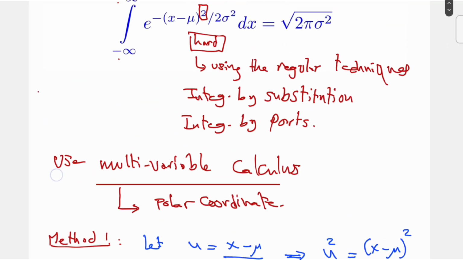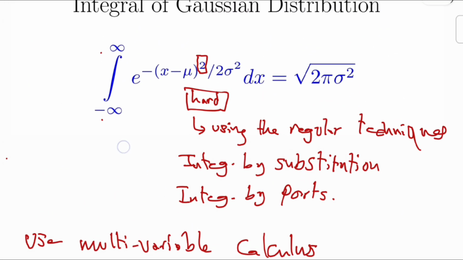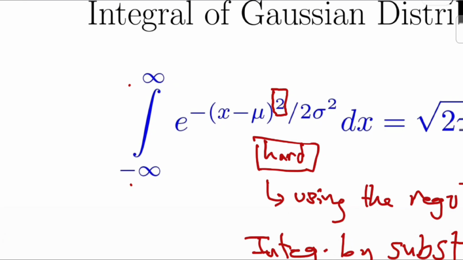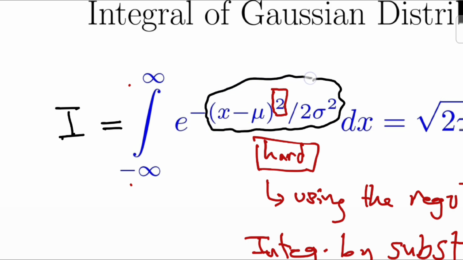If we call this integral I, then we are replacing this by u square. Let's find what dx will be.